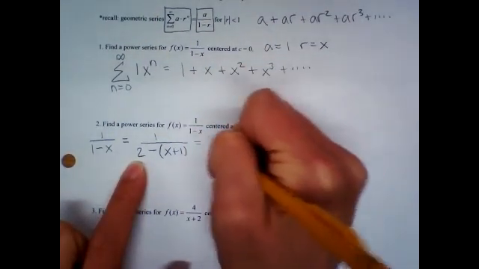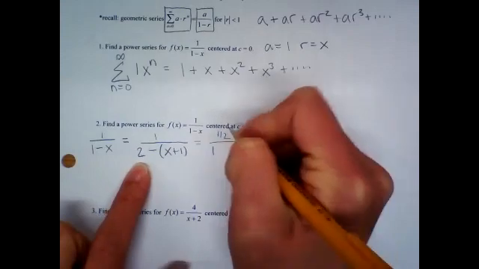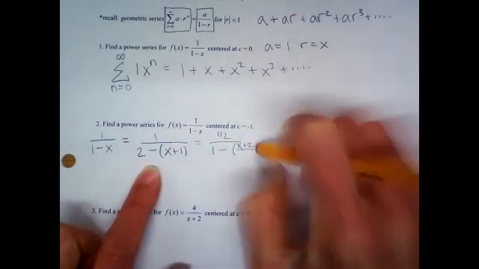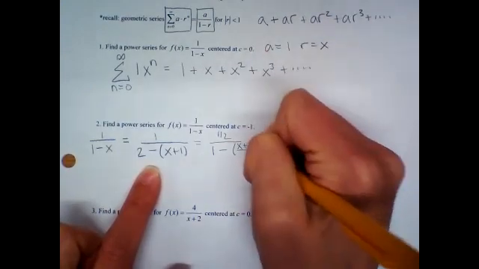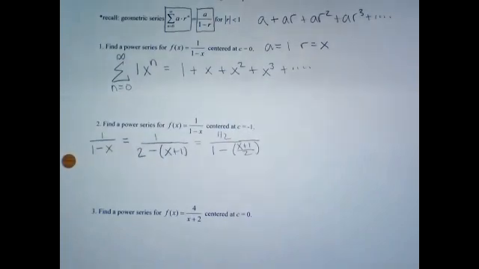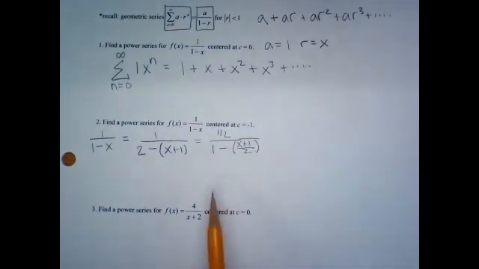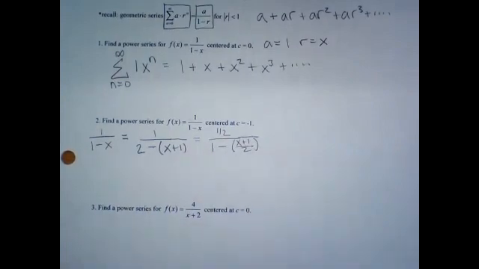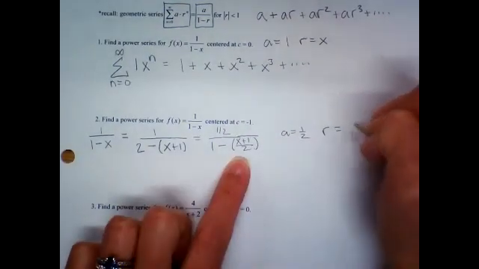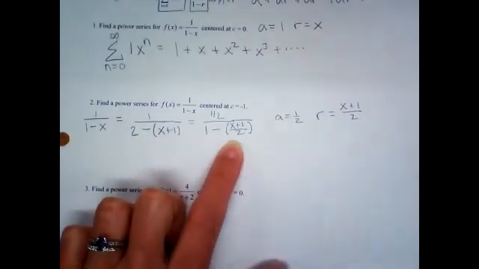So it'll be 1/2 over 1 minus x plus 1 over 2. So I literally just divided all 3 of those terms by 2. And now it follows the pattern. I have something over 1 minus r. So a is 1/2, and r is x plus 1 over 2.